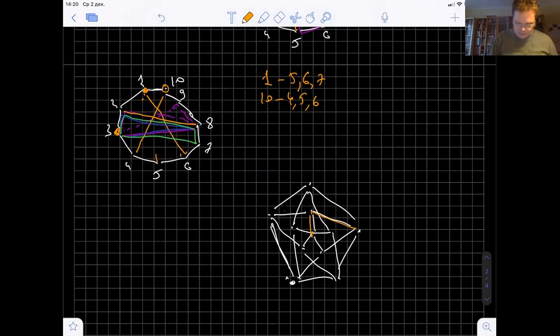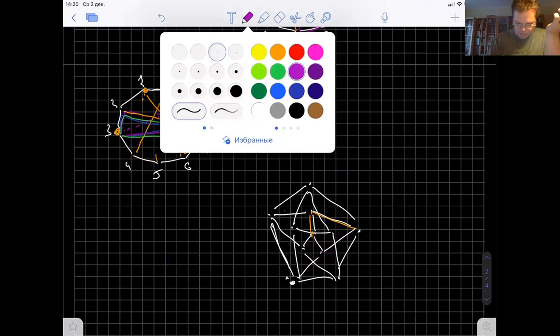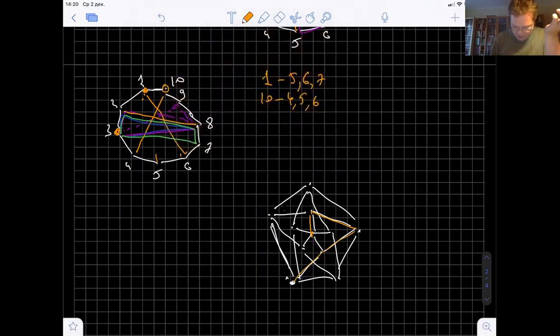But then I see that this vertex here has three edges. And so either I need to finish in this vertex, or I need to use it just now. And I suppose that I use it just now. And then I end here, and here I have three different possibilities to go through here, and through here. And you see that I just try every possible way.